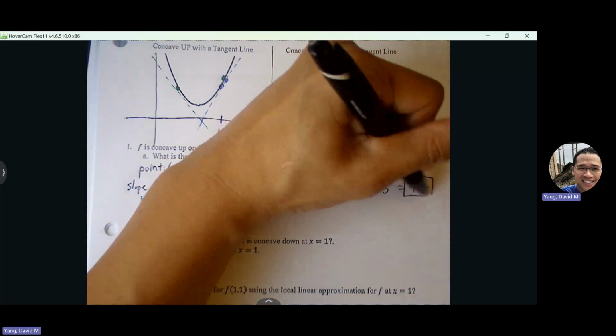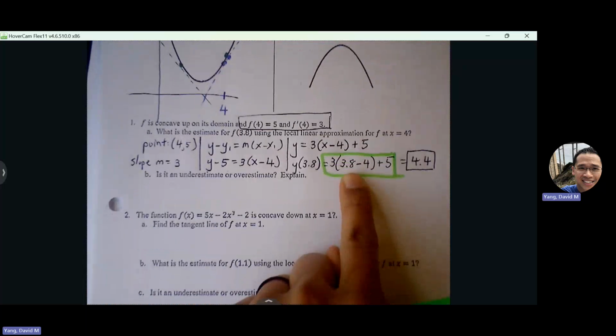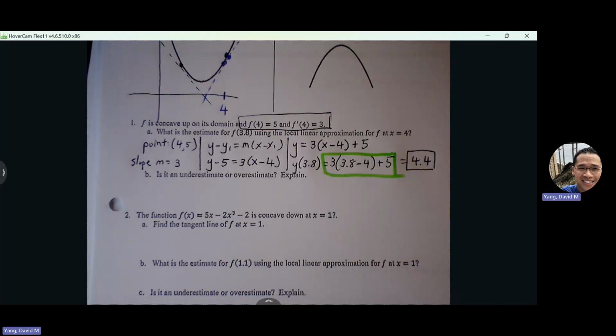Now, on the quiz, if you want to get to 4.4, that's fine. But also, on the AP exam, if this was not a calculator section, you can leave your answer in this form, and they will not take off any points at all. In fact, on the AP exam, it's a good strategy to leave your answer unsimplified. As messy as it looks, it does two things for you.